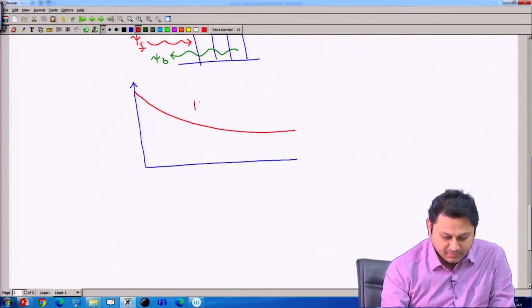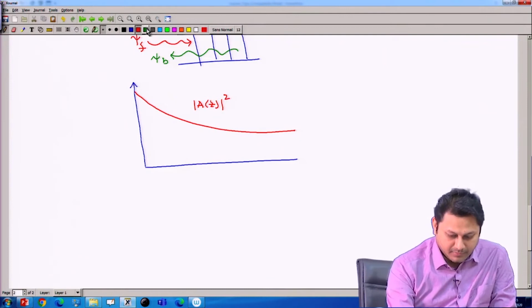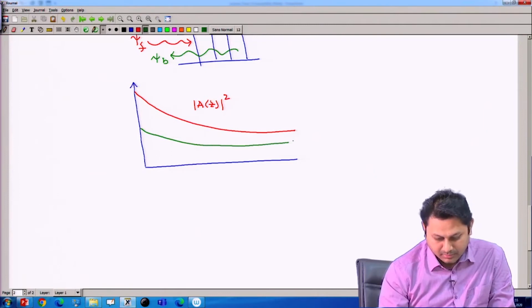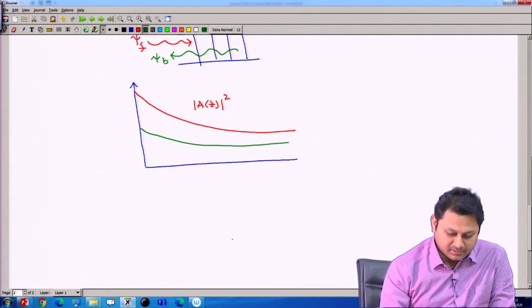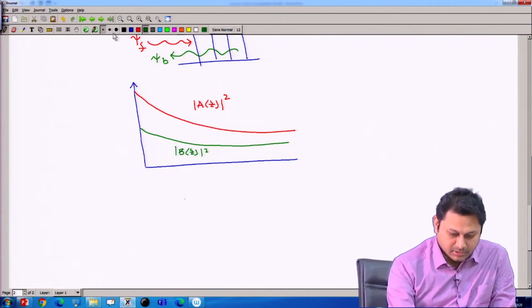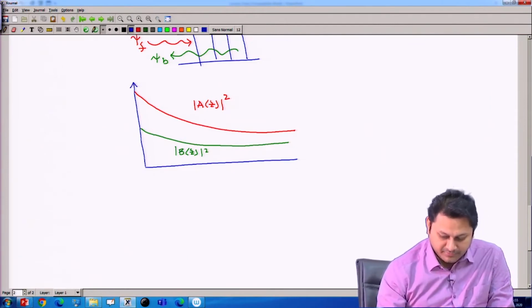So, this is mod of A z square, and if I plot mod of B z square, it should be something like that. Along this direction I have z.